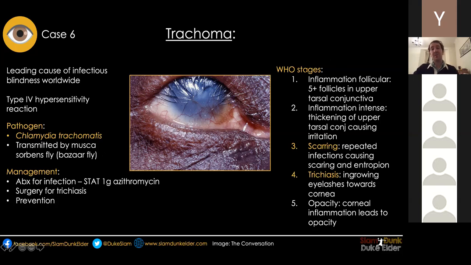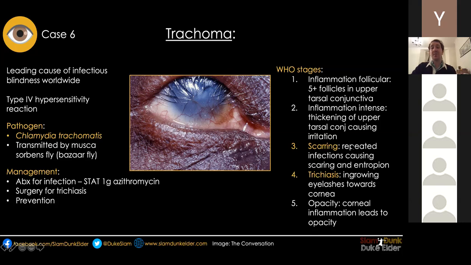There are five stages, but it's largely split into the inflammatory phase, which is the infection phase, and then the scarring after that. The infections cause these follicles, normally in the upper tarsal conjunctiva, which causes thickening and irritation, and that can lead to scarring.